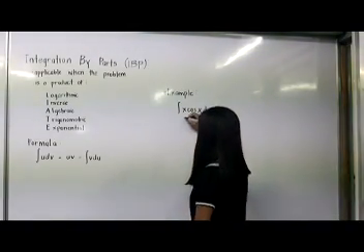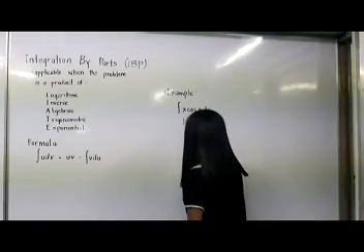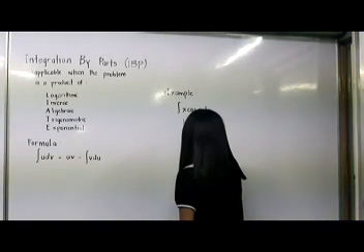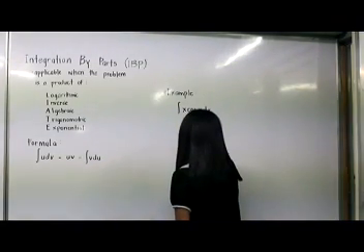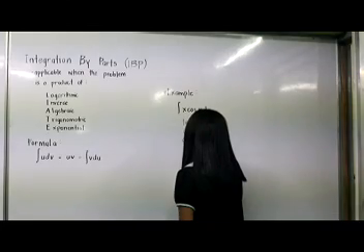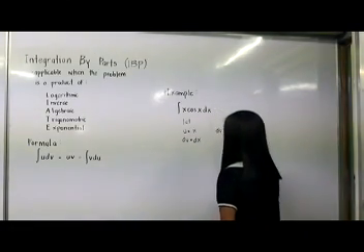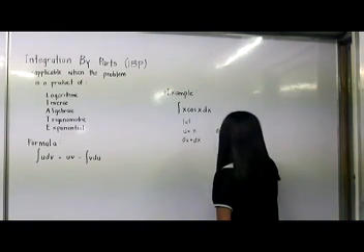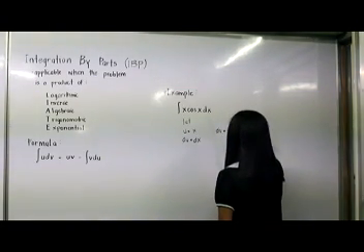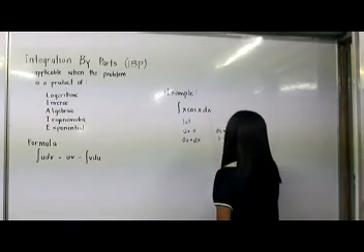First, we will let u equal x and du equal dx. Next, we will find dv. dv is equal to cosine of x dx. Then v is equal to sine of x.